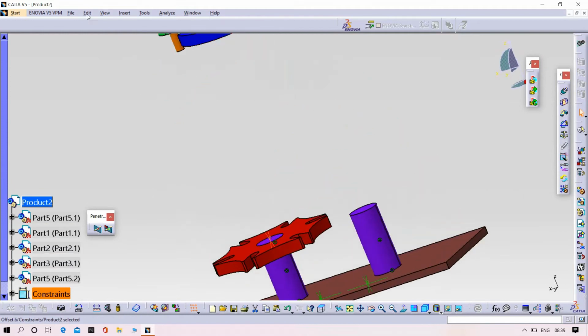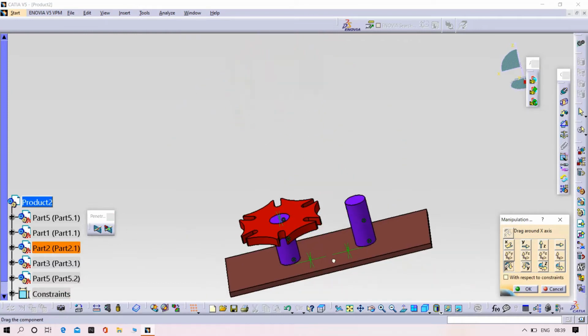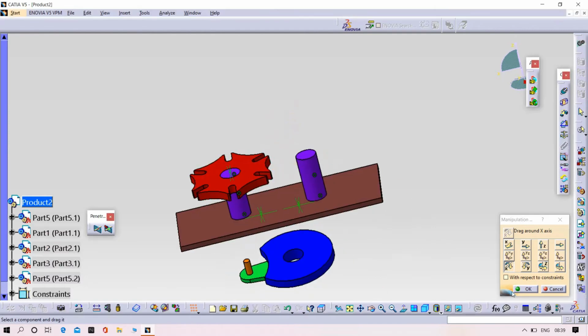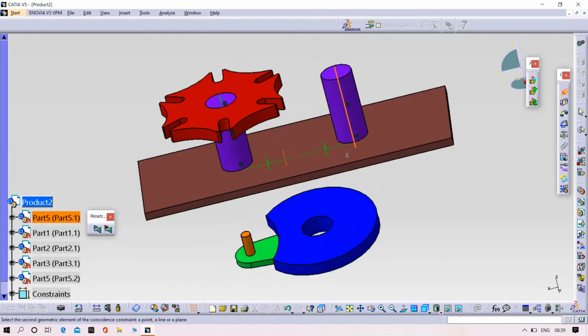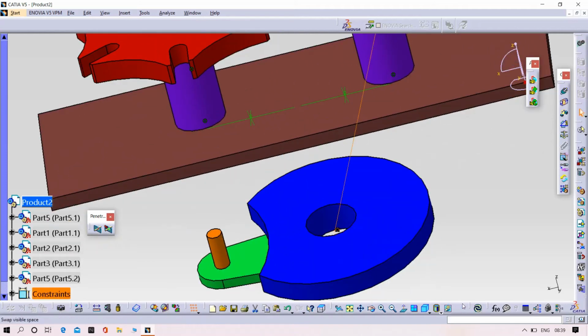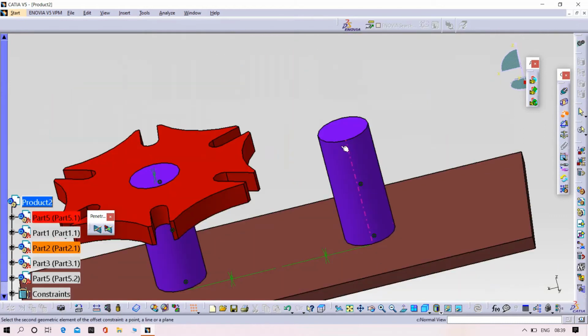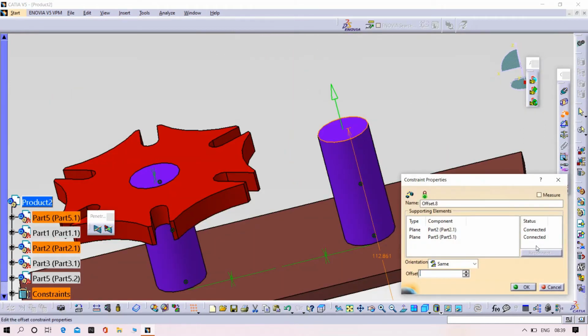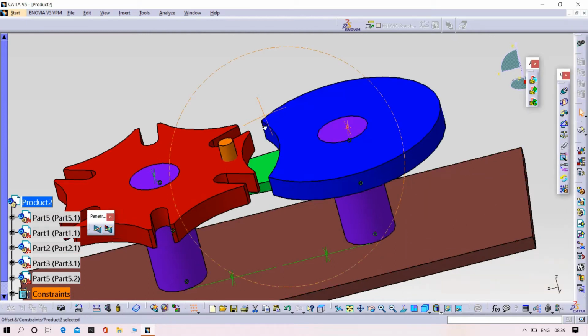Then apply, and then give the surface distance. This surface and this surface will be in contact, it means 0 degree, 0 distance. Then apply.